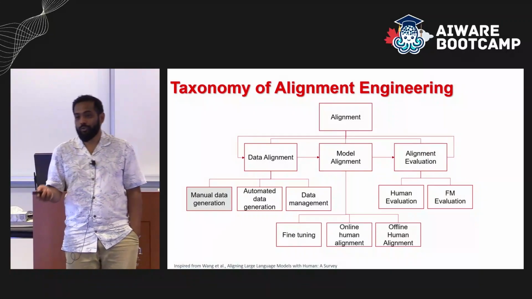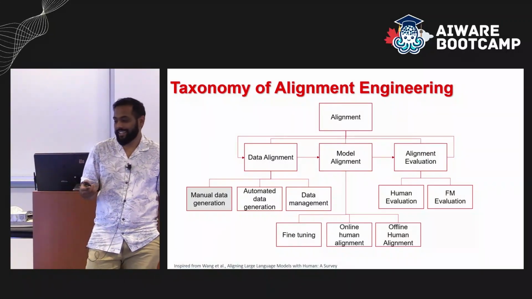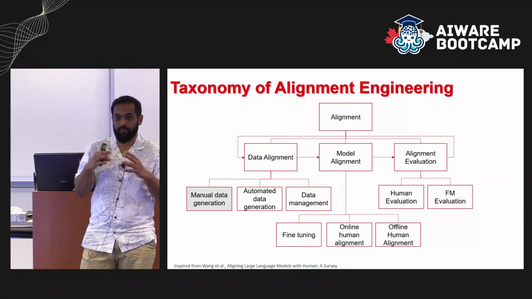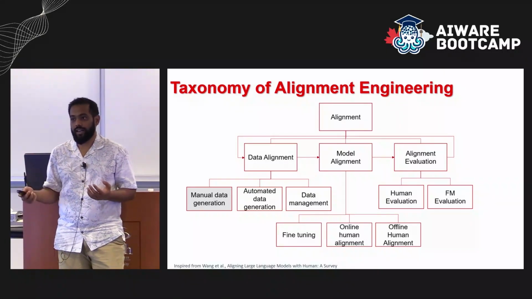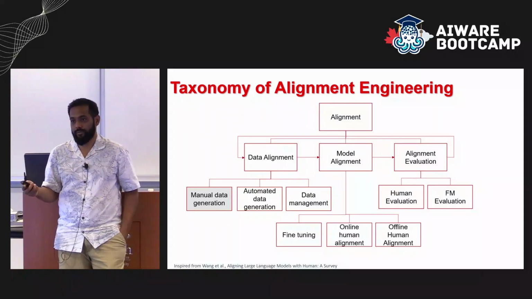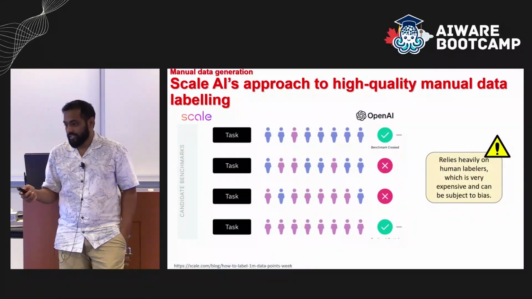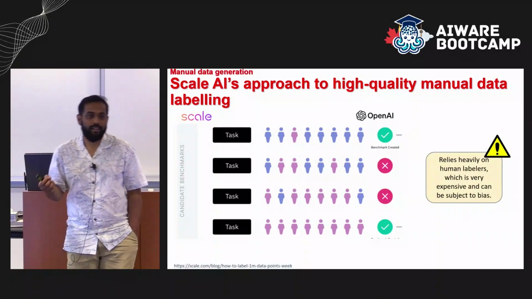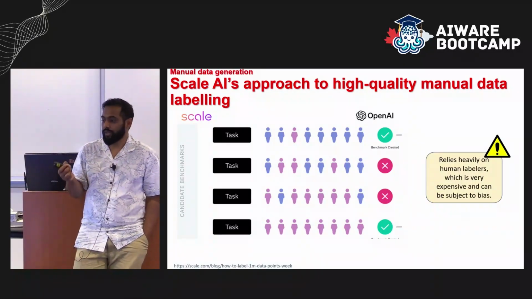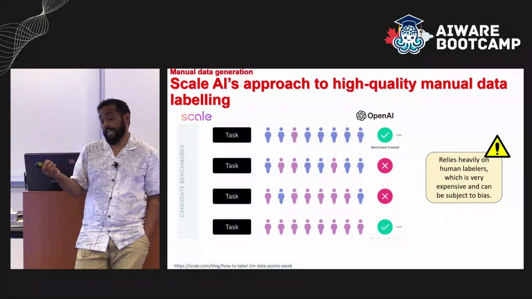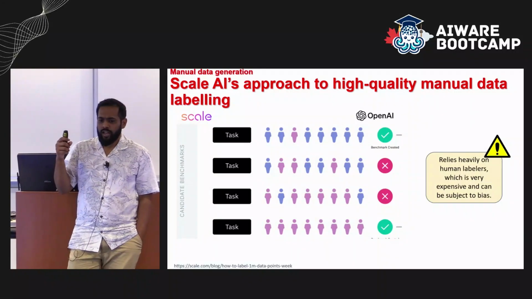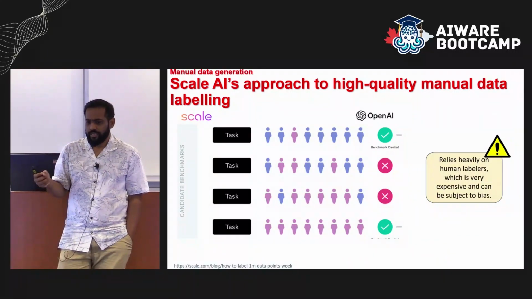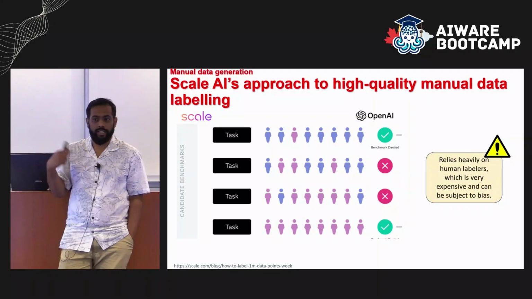I really like the slide that Kehelia had. The key ways in which we collect data right now, or conduct data alignment, is by either collecting the data manually, or having automated data generation methods. First, one of the nicer manual data collection approaches was done by Scale AI. For GPT-2 and 3, Scale AI collected the data that they used to conduct RLHF on the model.